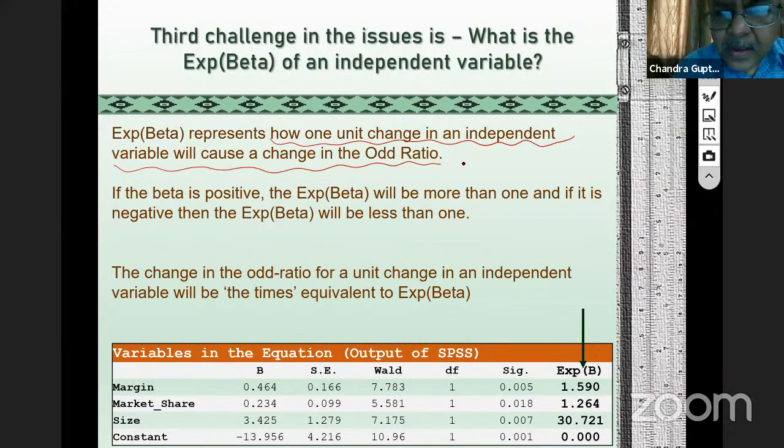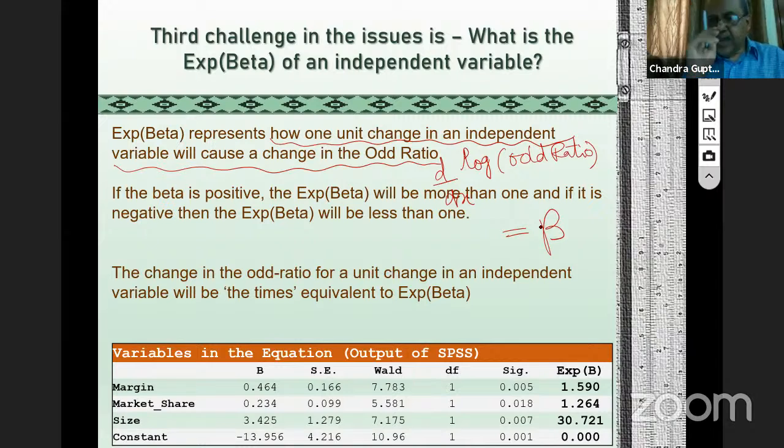Because you have a log of odd ratio, suppose that's equal to change in this over x, that's equal to beta.